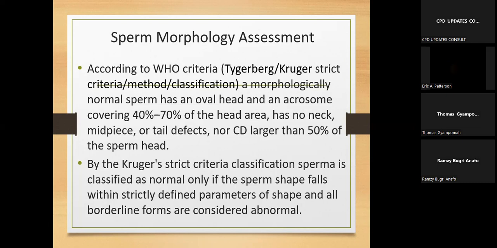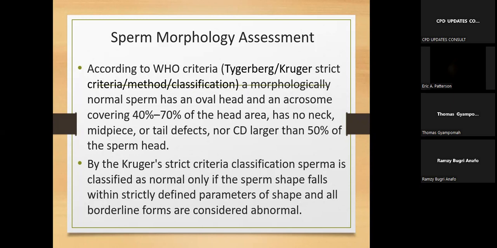So I'm bringing all these things so that depending on how you read it or how you see it, you are not confused. So now the WHO has adopted this Kruger strict criteria for its current edition. All right, so the WHO criteria is now the same thing as the Kruger, what people usually call a strict criteria.